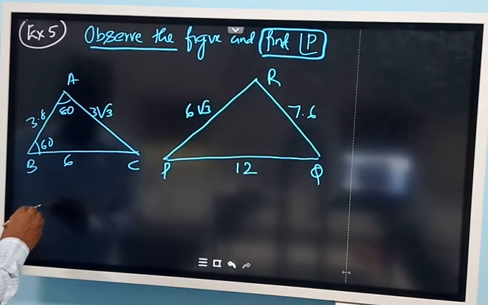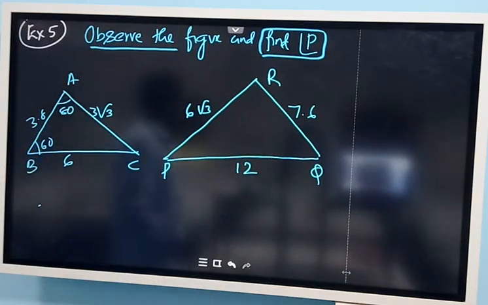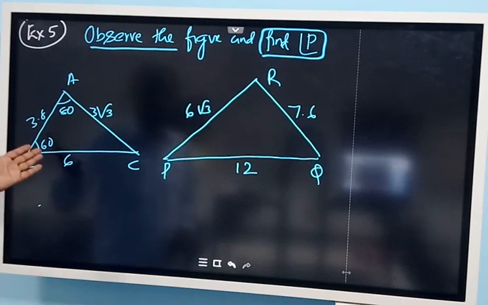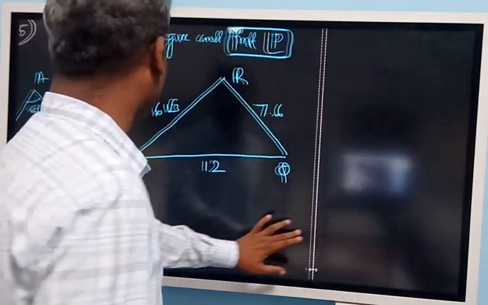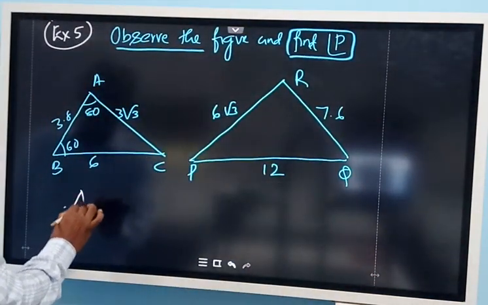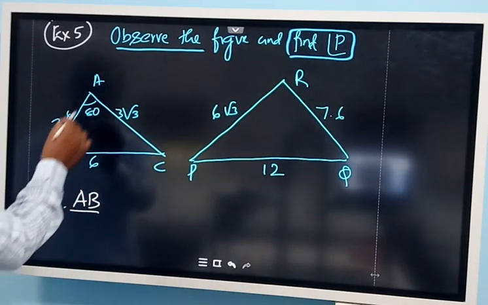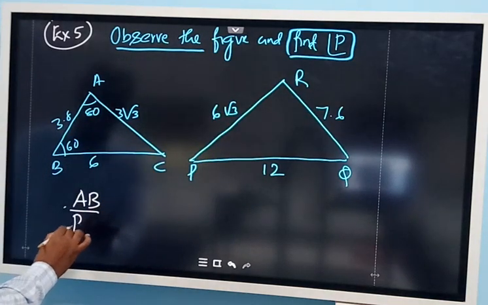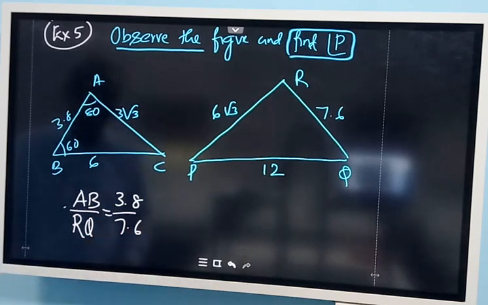First you can find the ratio of AB by PQ, or which one you can take as corresponding sides, AB by PQ or AB by RQ? See now, 6 and 12, BC and PQ are same. So if I take PQ, I think you may not get it. Let us take AB divided by RQ. So AB here is 3.8, RQ is 7.6. What is the value of the ratio you will get? 1 by 2.